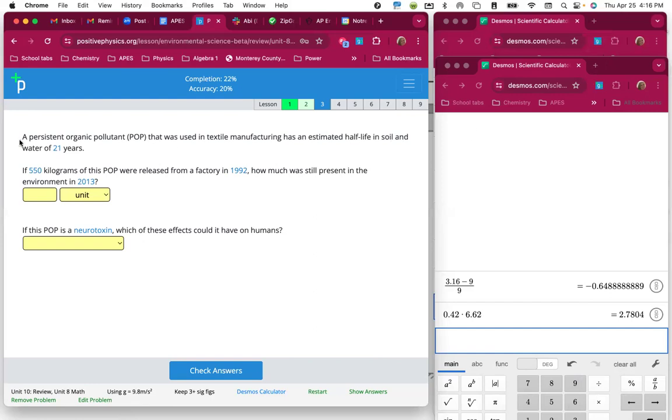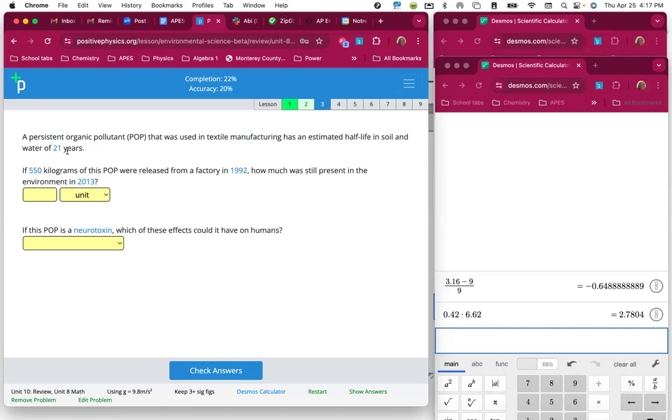And so this one says a persistent organic pollutant that was used for textile manufacturing has an estimated half-life in soil and water of 21 years. If 550 kilograms of this persistent organic pollutant were released from a factory in 1992, how much is still present in 2013? So this is helping them look for these patterns that sometimes they'll get asked about in this class.